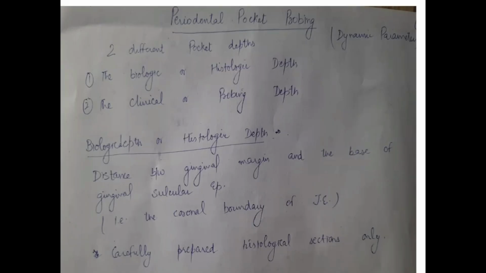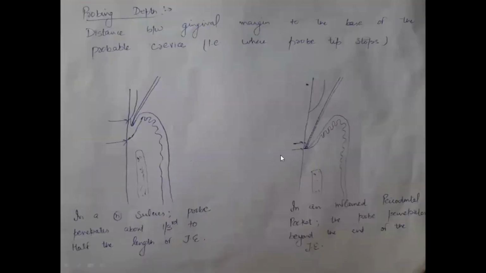What is the biologic depth or histologic depth? Biologic depth is the distance between the gingival margin and the base of gingival sulcular epithelium. That is the coronal boundary of junctional epithelium. Means in this diagram, just see here. This is enamel of the tooth and here is the cementum, that is the root part.